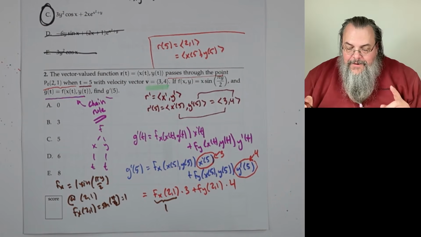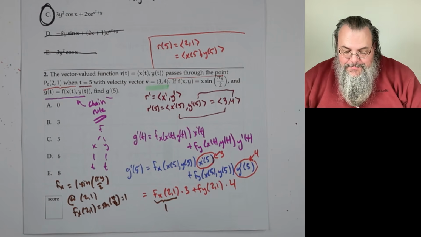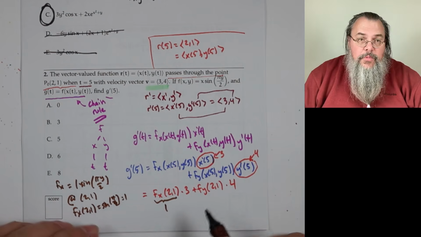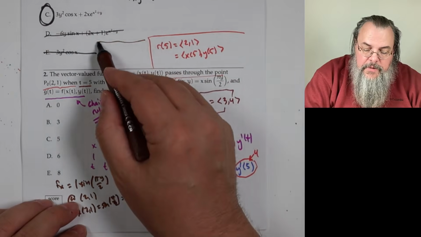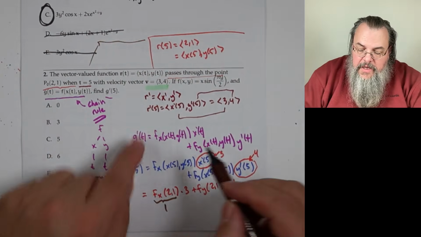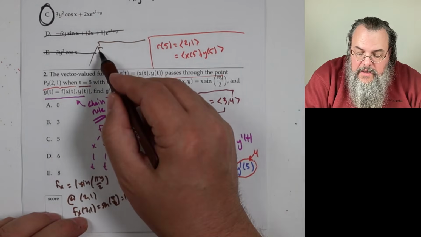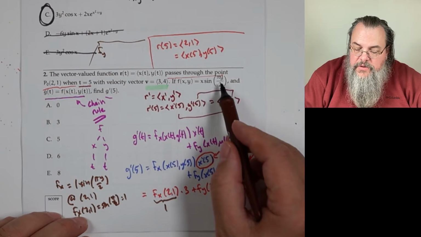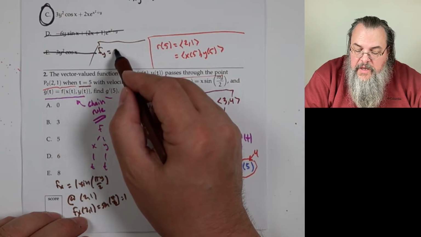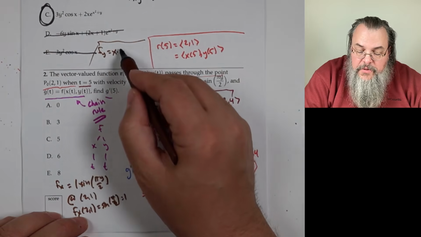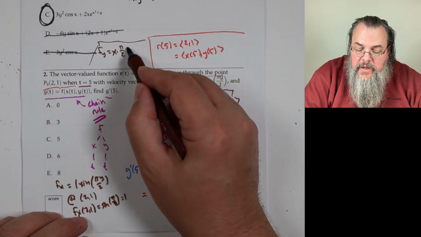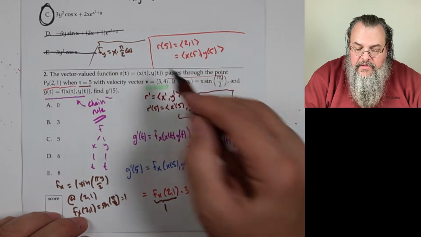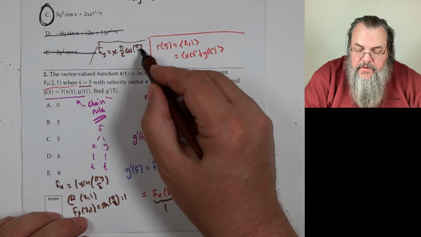All right, now, on the other hand, if we compute f sub y, I guess we'll do it up here, what happens? F sub y is, x is now a constant, chain rule, so that's x times pi over 2 times cosine, because the derivative of sine is cosine, of pi y over 2.